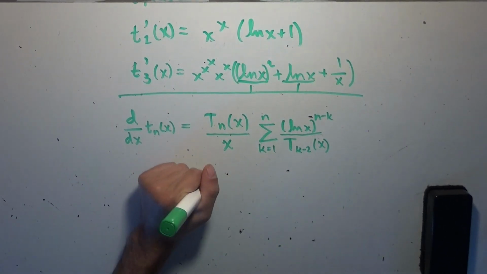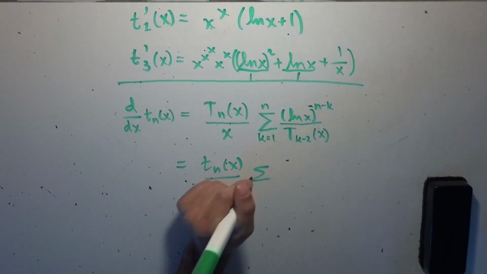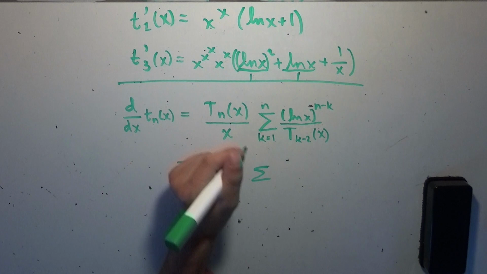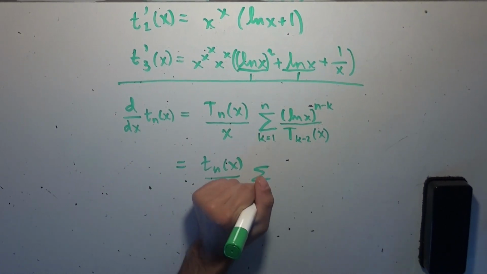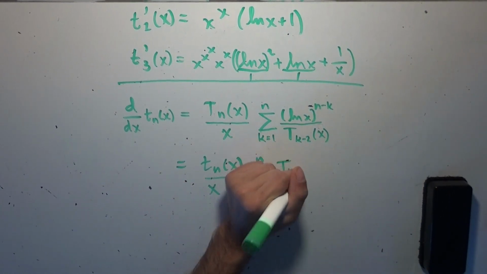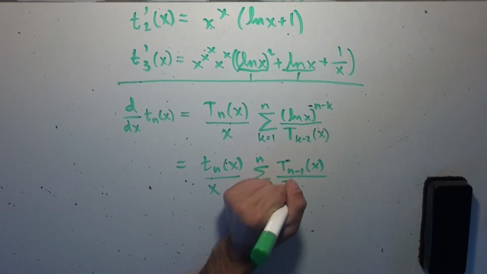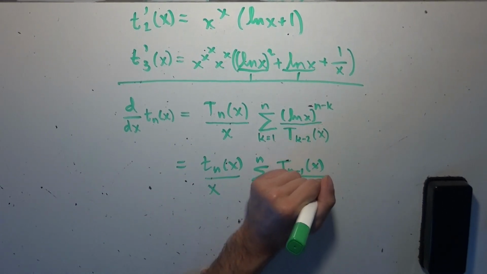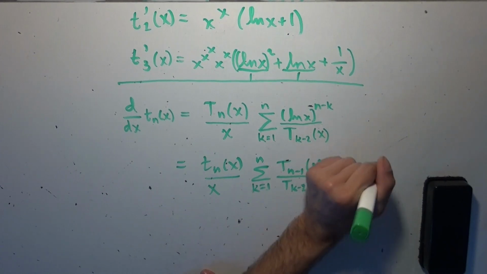So I'll leave the nth tetration, the nth power tower, outside, just like that. I'm going to bring the rest of the product for this capital T function inside the sum. So we have k equals 1 to n, and now we have big T n minus 1 of x divided by big T k minus 2 of x times these powers of the natural logarithm of x, n minus k.